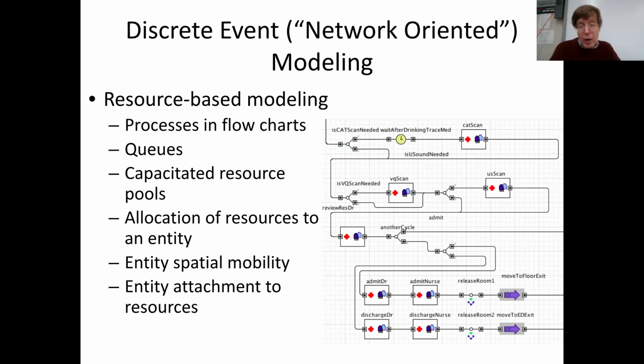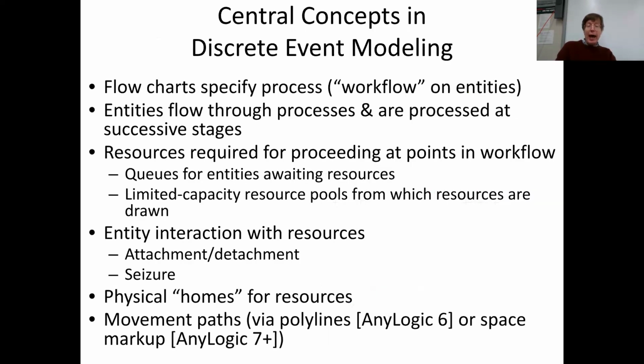In other cases, the resource may be mobile, may not be attached to the entity, but may instead go fetching things for that entity, fetching an ultrasound machine or an ECG to be able to test the agent's heart.